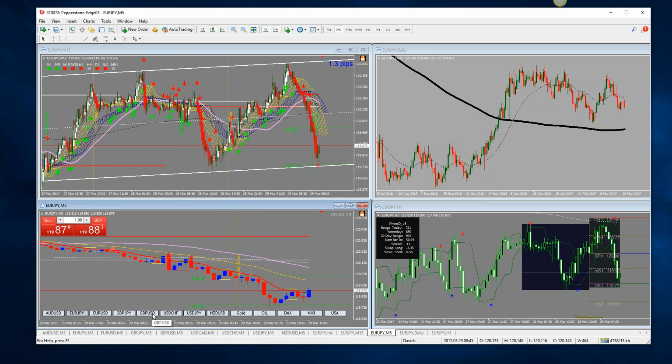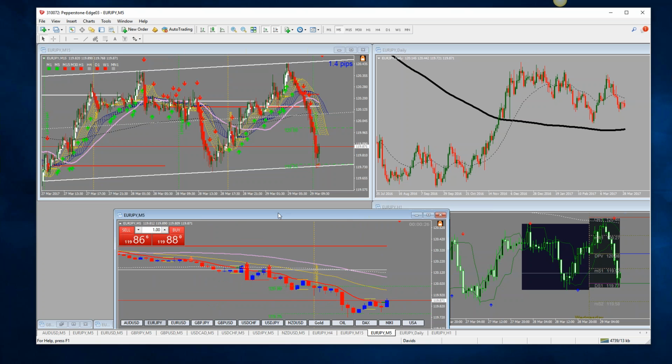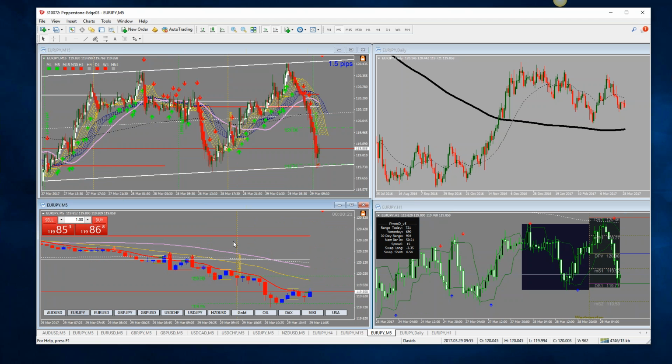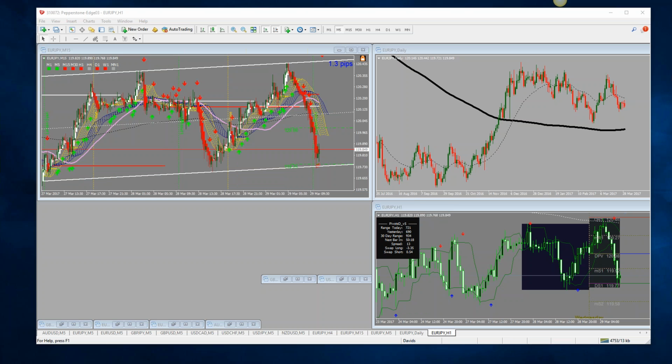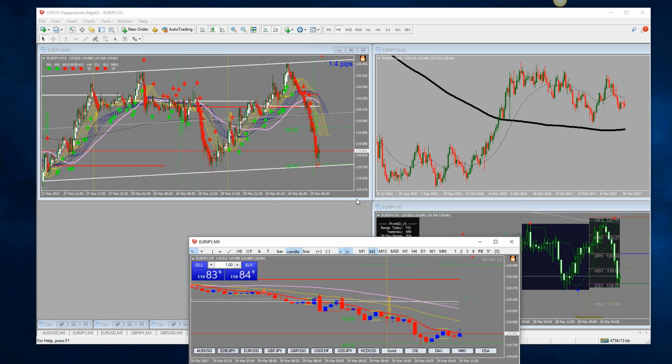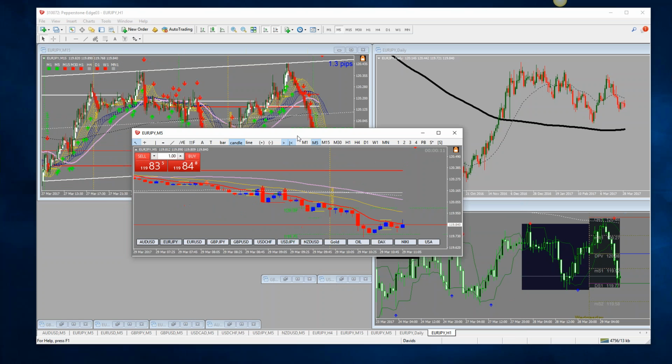I'm looking at the chart, and I can undock this chart. I'll float this chart, and now it's on another monitor all by itself. I'll just leave it here like this for a minute.